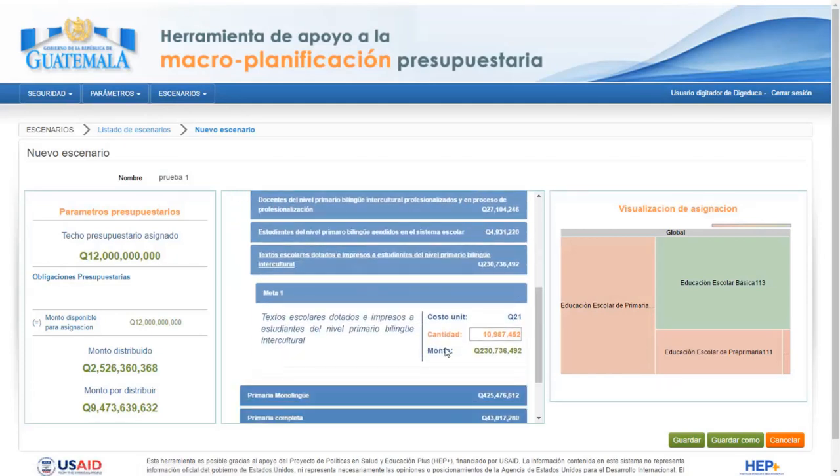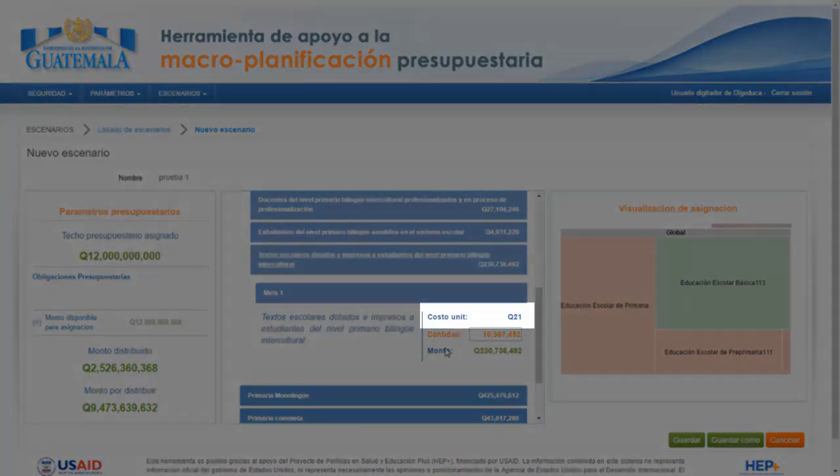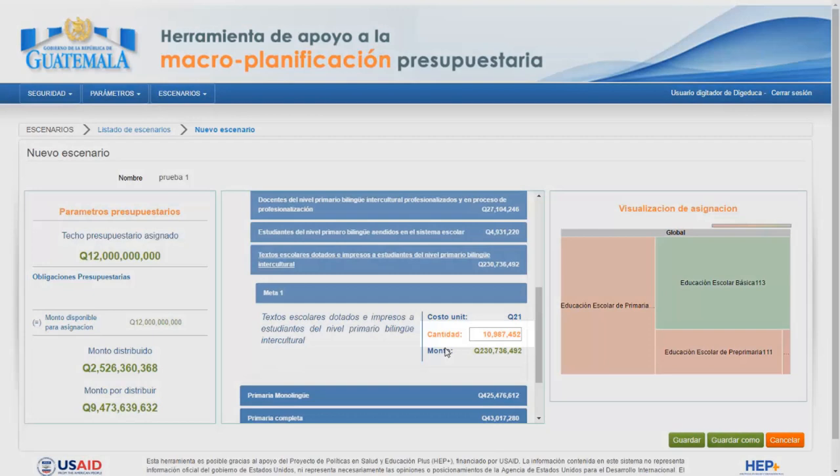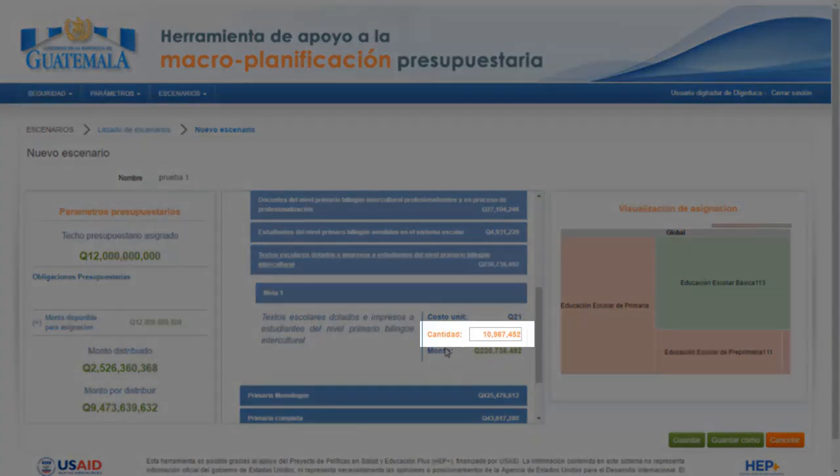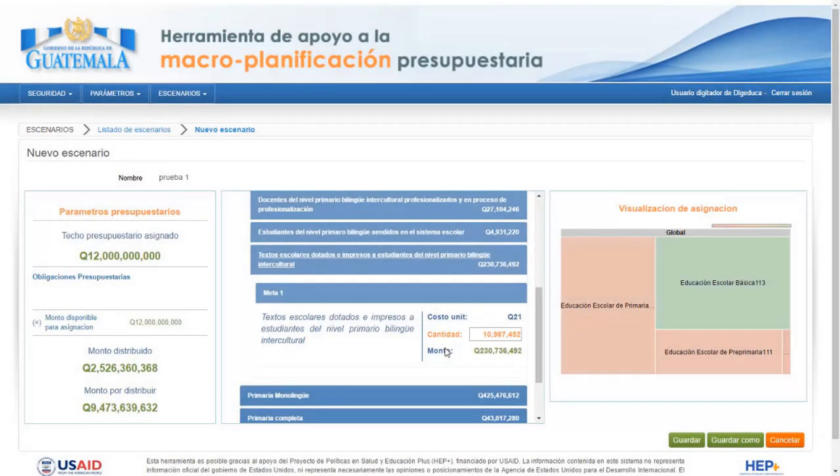Now, goals will have a unitary cost and the quantity of those units that you want to achieve. So, for instance, if you're looking at textbooks in education, you can change the number of textbooks that you want to purchase in the given year.